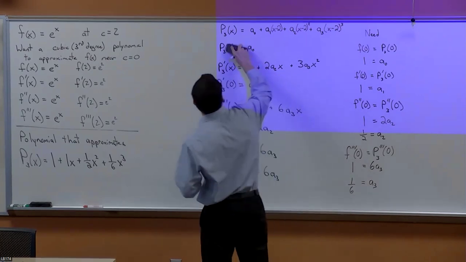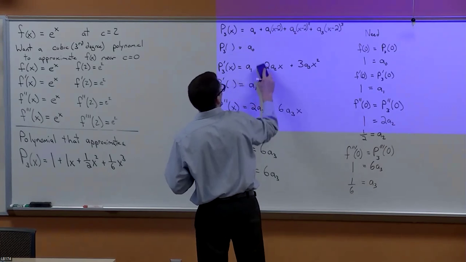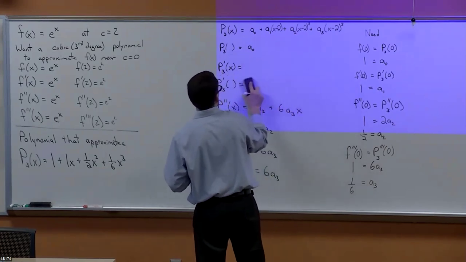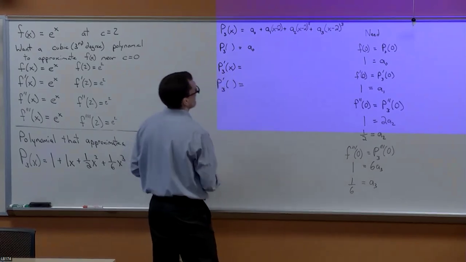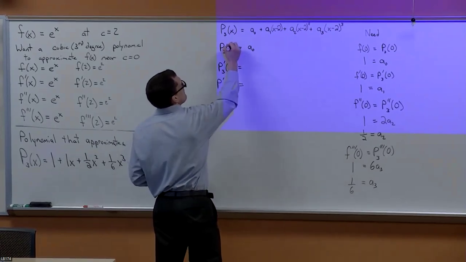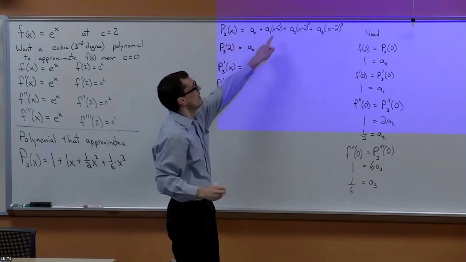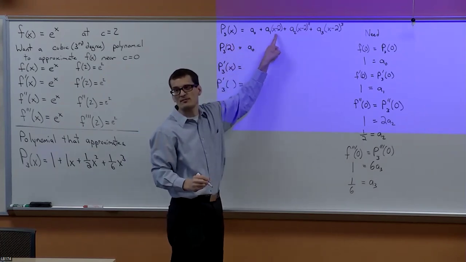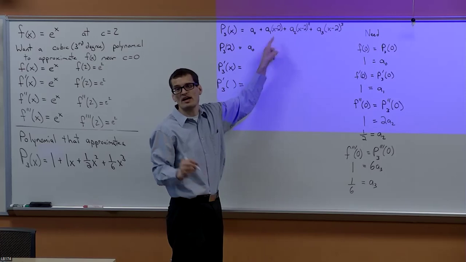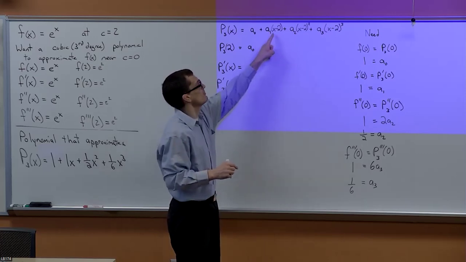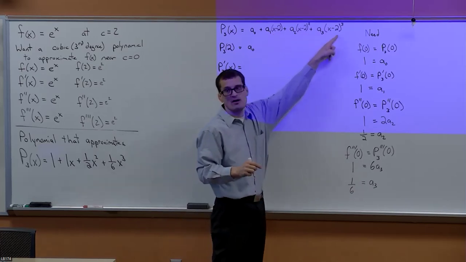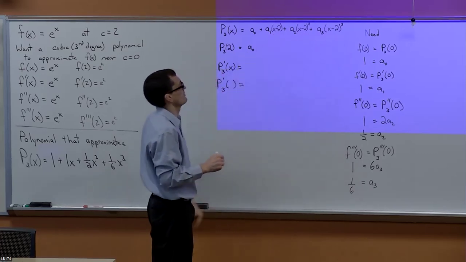And notice that when you take a derivative, well, let's start. Again, I'm not going to go through all this, but if I plugged in 2 to a polynomial that looked like this, where I have x minus 2 instead of just the x, notice if I plug in 2, all of these go to 0. So I get back a sub 0.